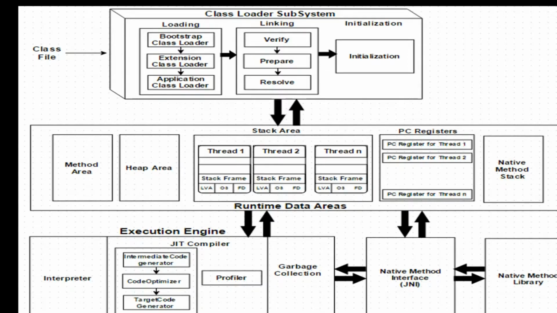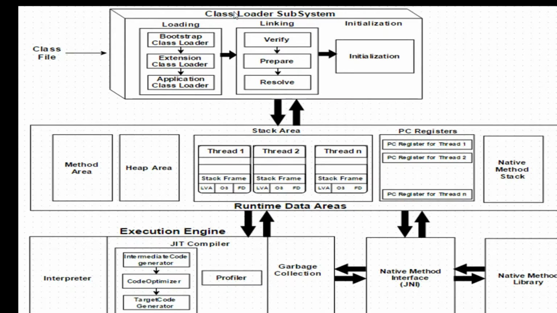The first part is the class loader, and the second part is the memory area. JVM creates this whole memory area in RAM. And the last one is the execution engine.